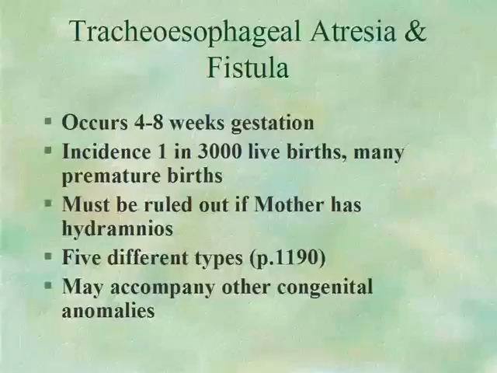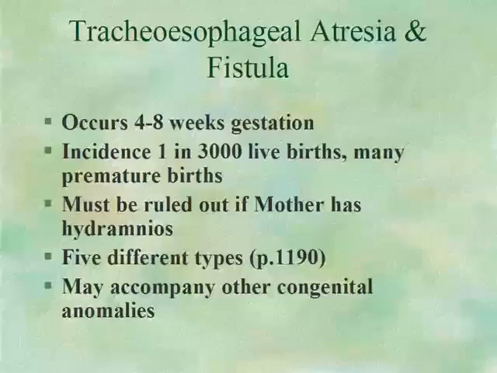It's not connected to the stomach. We know that fistula means opening. So when we have a child with a tracheoesophageal fistula, we have a connection or an opening between the trachea and the esophagus. And if you look at letter A, you can see where that lower portion of the esophagus coming off of the stomach is connected directly to the trachea.